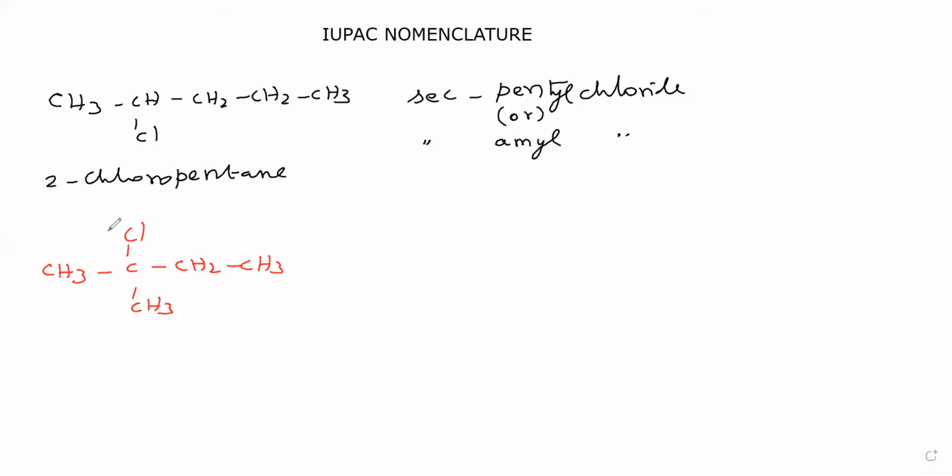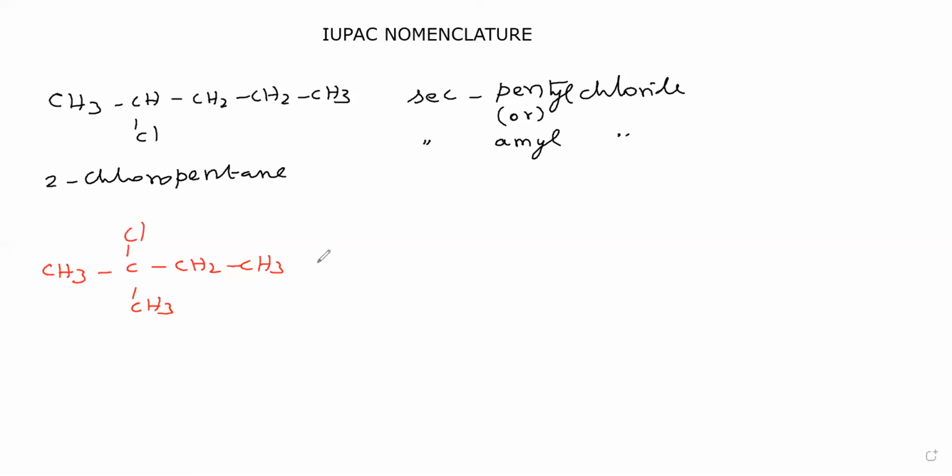Here the halogen is Cl, attached to this carbon. This carbon is tertiary because 3 other carbons are linked with it directly. Cl is present at a tertiary carbon, therefore this is called tertiary chloride.